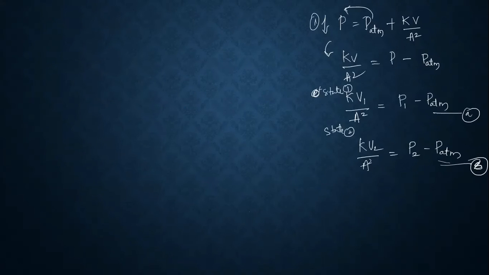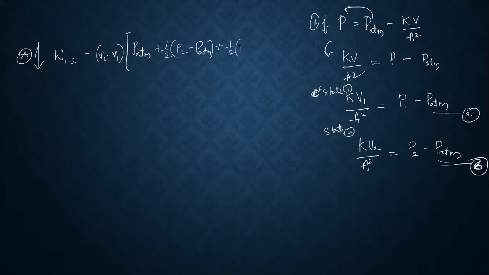Therefore, star becomes W1 to 2 is equal to V2 minus V1 into P atmosphere. The first term remains the same. Then half into P2 minus P atmosphere plus half into P1 minus P atmosphere.